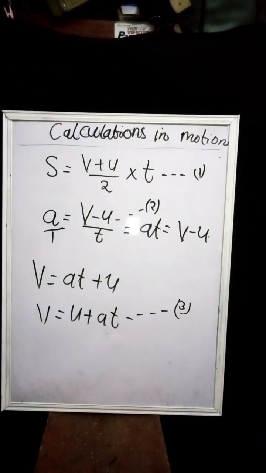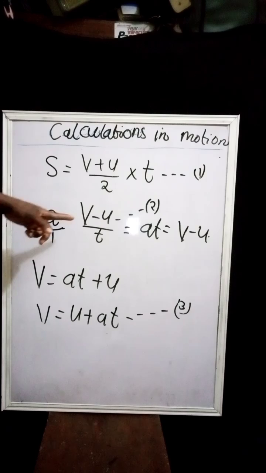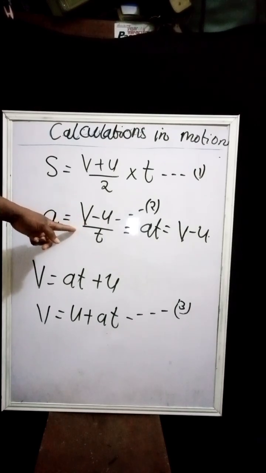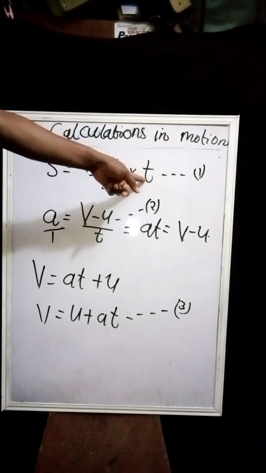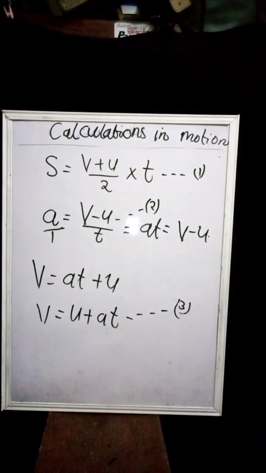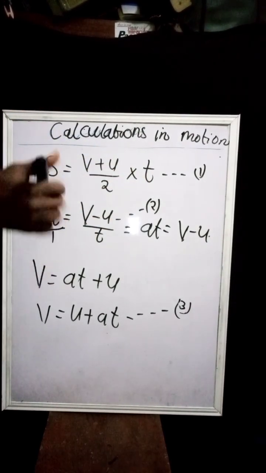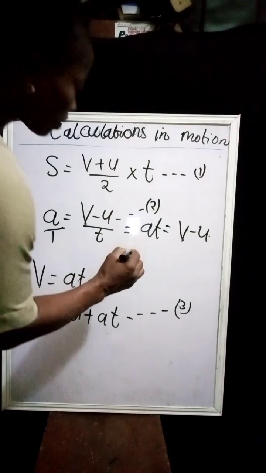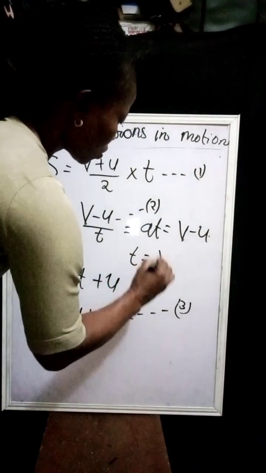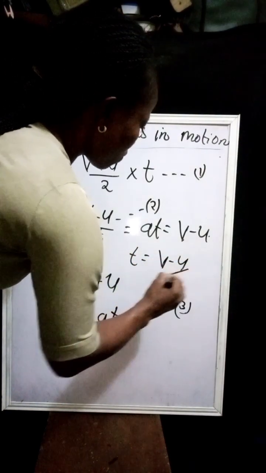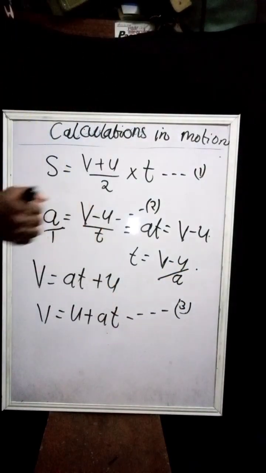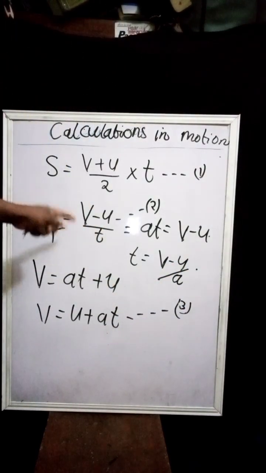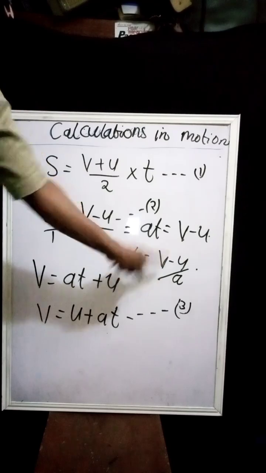Now, let's make t the subject of the formula in equation 2 and substitute for t in equation 1. It then means that from equation 2, the value of t is equal to v minus u divided by a. Okay, now we are going to substitute for this t in equation 1.